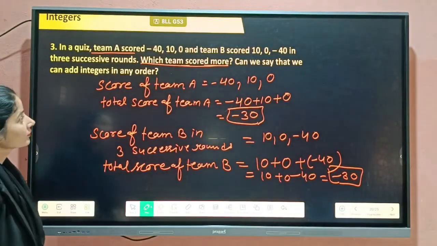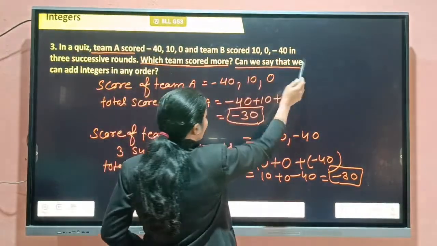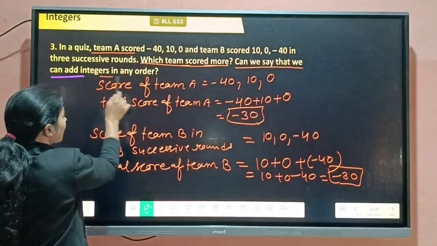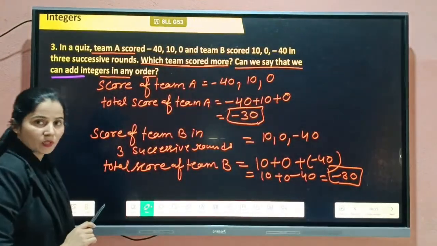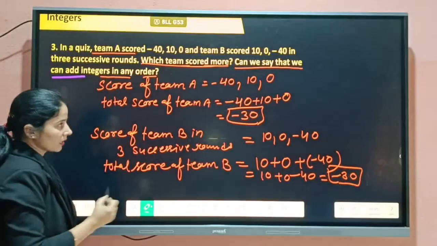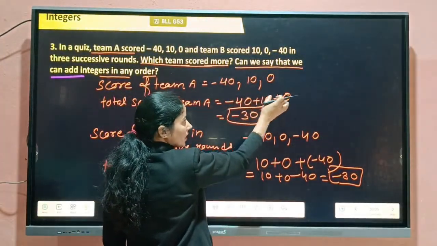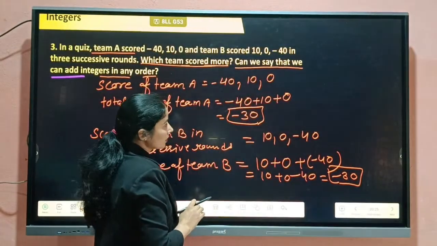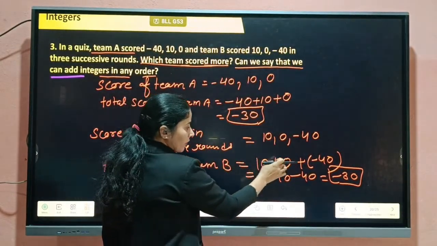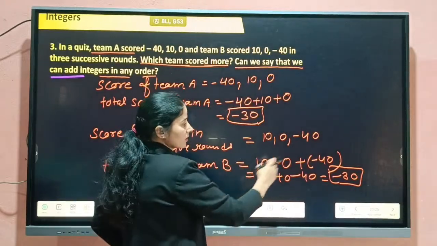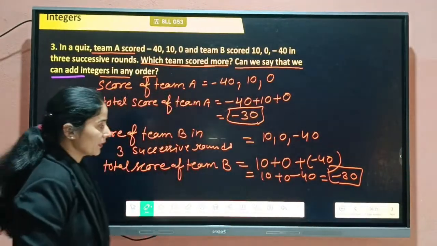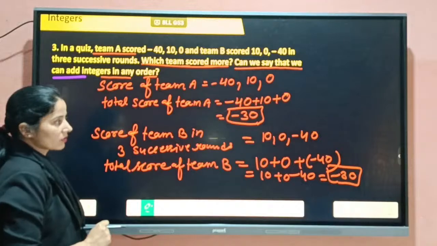Can we say that we can add integers in any order? Yes, we can say we can add integers in any order. There I have added minus 40 plus 10 and then 0 is added to it. And there, to 10 first 0 is added, then to this result minus 40 is added. So in both cases the answer is the same.